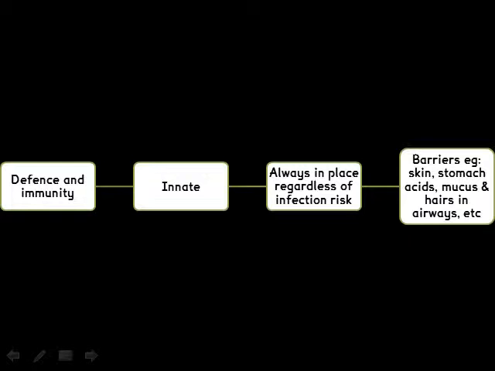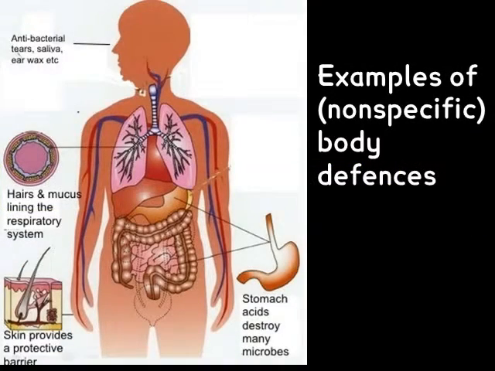In the old days, it used to be called the first line of defence, or non-specific defences, and it was believed to be related purely to physical barriers. Those physical barriers are skin, stomach acids, hairs and mucus that line the respiratory system, and also substances such as tears and earwax.